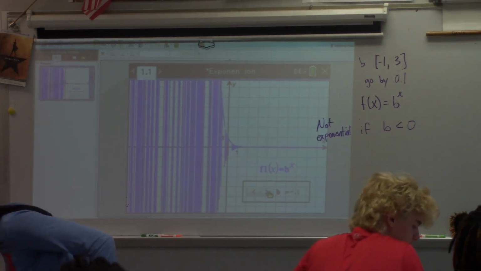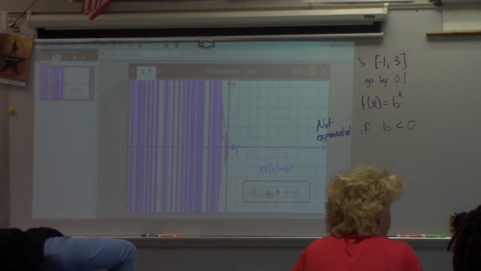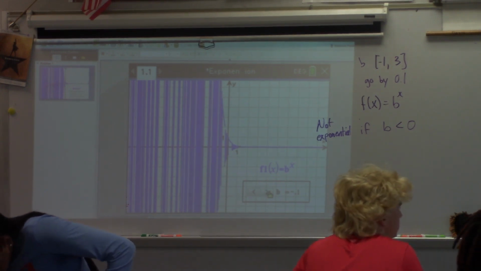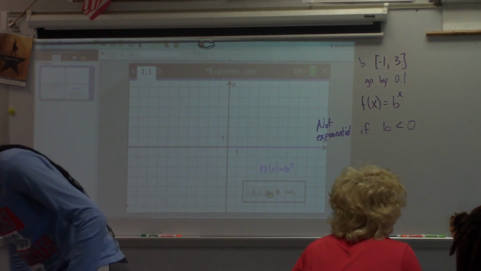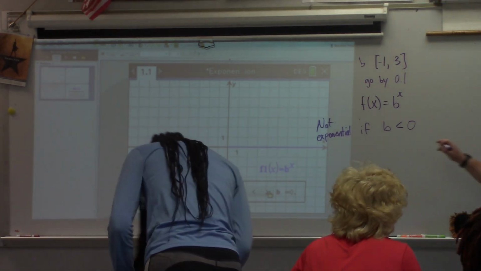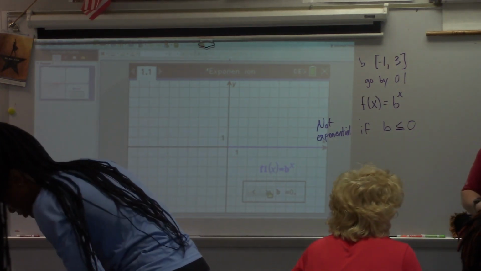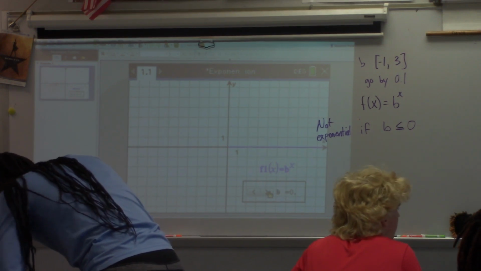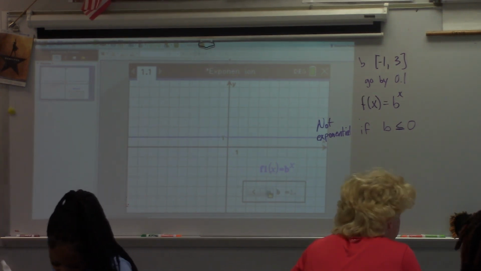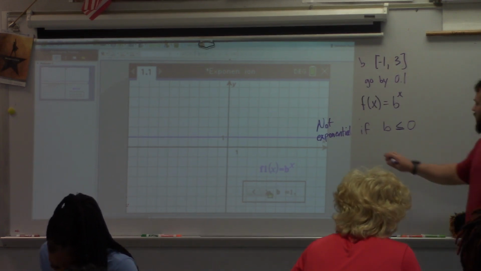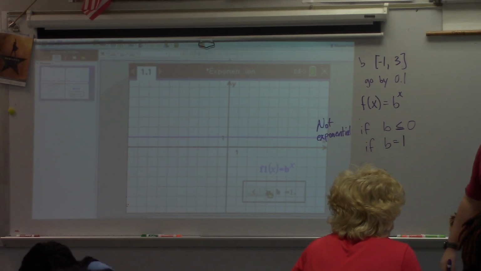Did anybody notice any other values for b that didn't have exponential functions? 0 itself? Yeah, when I look at b equals 0, that is definitely not exponential. So it is not exponential if b is less than or equal to 0. Let's look at 1 as well. If b is equal to 1, it's not exponential as well.